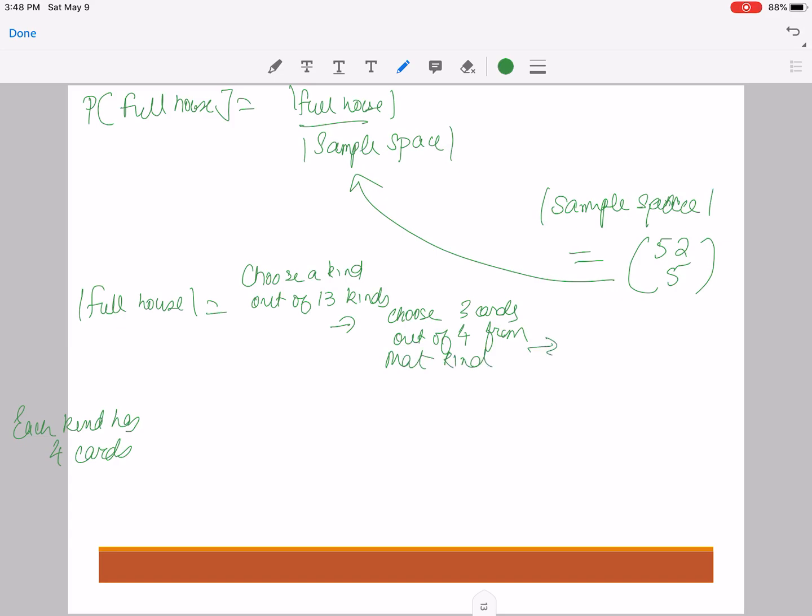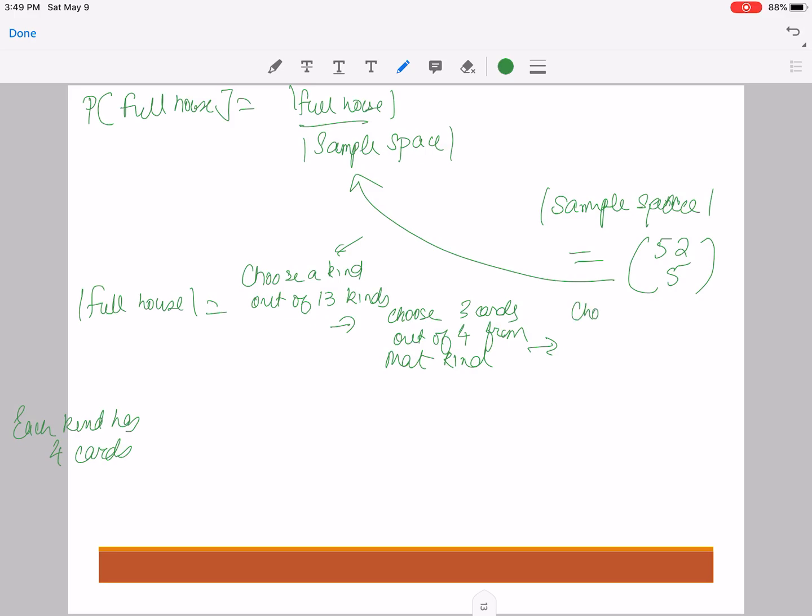Once I've done that, I need to choose another kind now. And ultimately, I will have to pick 2 cards. So now I cannot use the kind that was used for choosing 3 cards, because if I have already drawn 3 cards out of 4, there's no way that I can draw 4 cards. So the number of kinds remaining are 12.